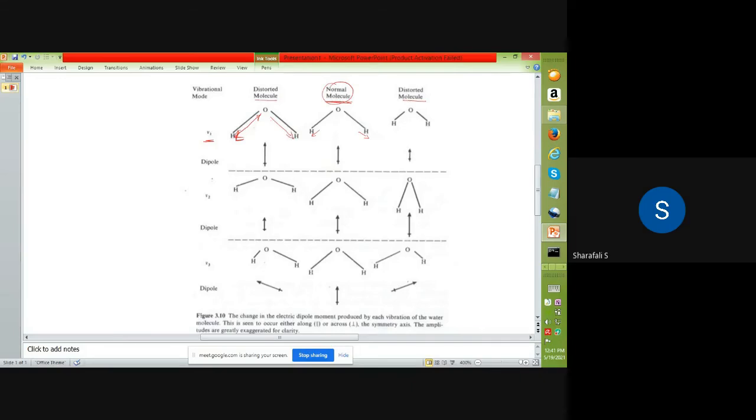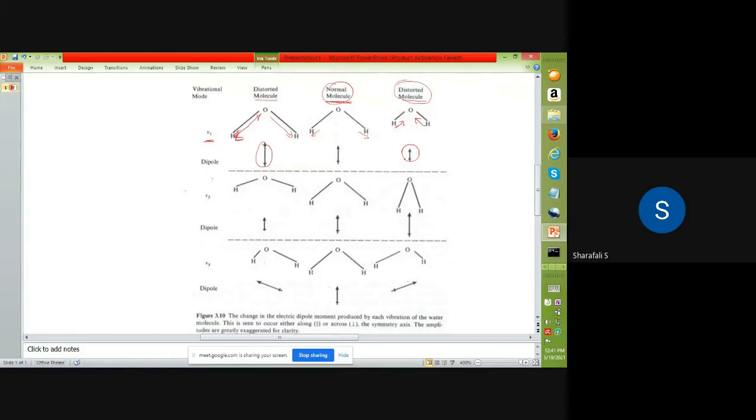When the bond length is getting increased, the dipole moment also increases. Also, when you are considering this distorted molecule, which means the hydrogen is moving towards the oxygen, the bond length will get reduced, and in that particular case, the total dipole moment will get reduced in strength.